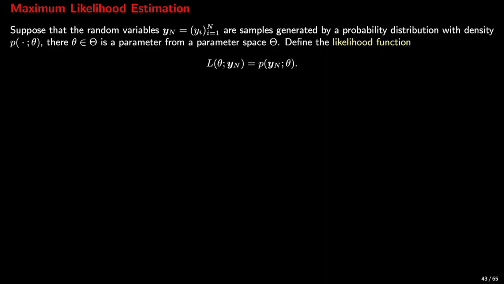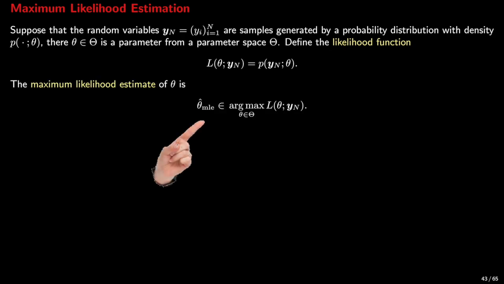We start by defining the likelihood function, which is exactly the same as the joint PDF of y_1, y_2 up to y_n, but seen as a function of theta, and treating the y's as parameters. The maximum likelihood estimate of theta is a maximizer of the likelihood function, if one exists.